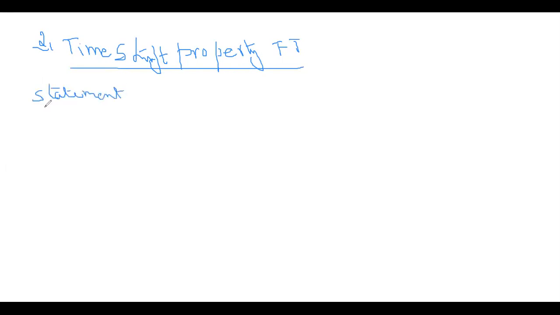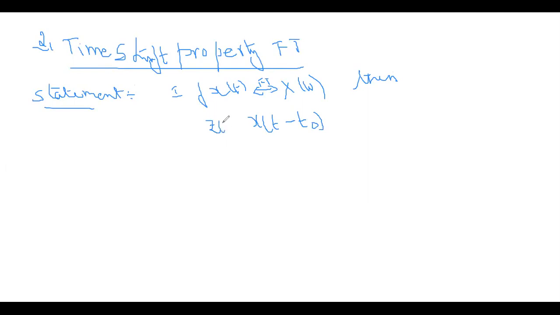Statement: if X of t has the Fourier transform X of omega, then take x of t minus t naught as z of t. The Fourier transform of x of t minus t naught is e power minus j omega t naught into x of omega. You have to prove this.